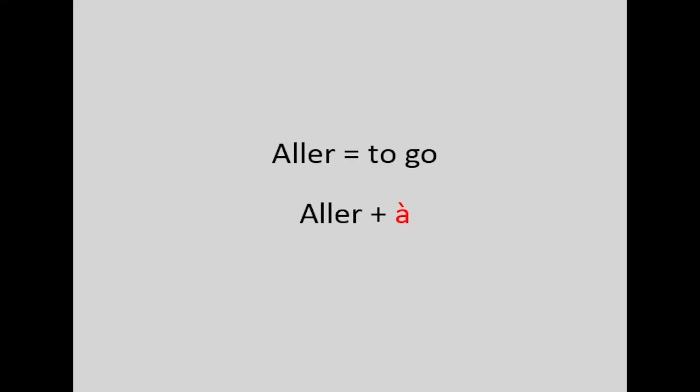In French, there are certain verbs that are always followed by the preposition "à." These prepositions naturally contract when the following noun is masculine or plural. "Aller" is one such verb. "Aller" means to go. This verb is always followed by the preposition "à."